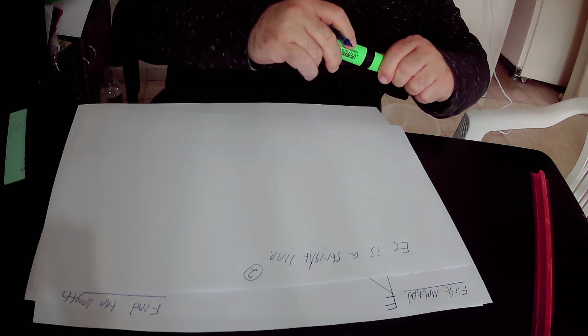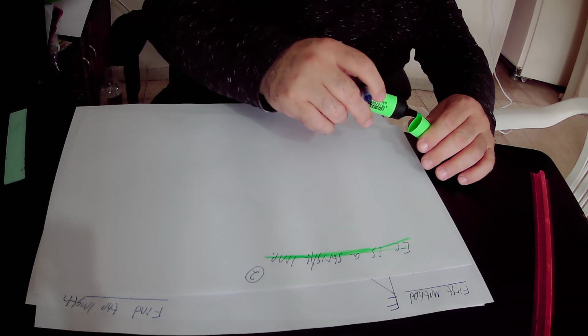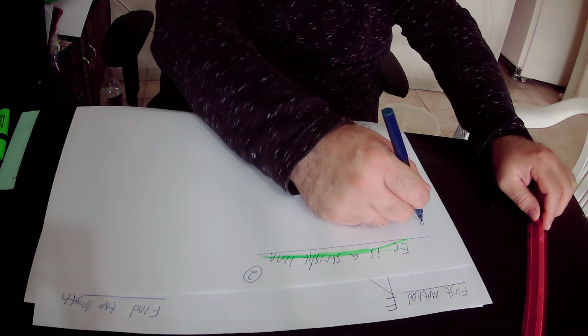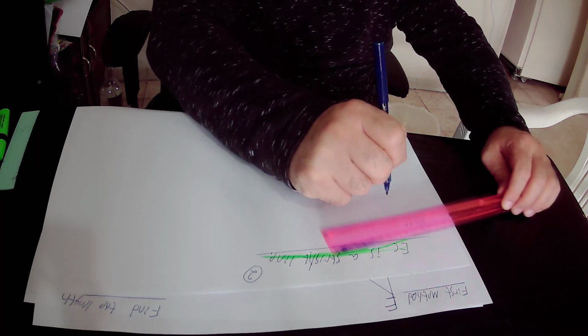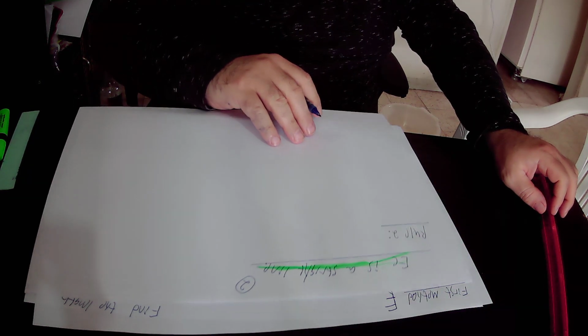And we actually have rule number 2. According to rule number 2, the sum of the angles on one side of a straight line is equal to 180 degrees, so I write it down.